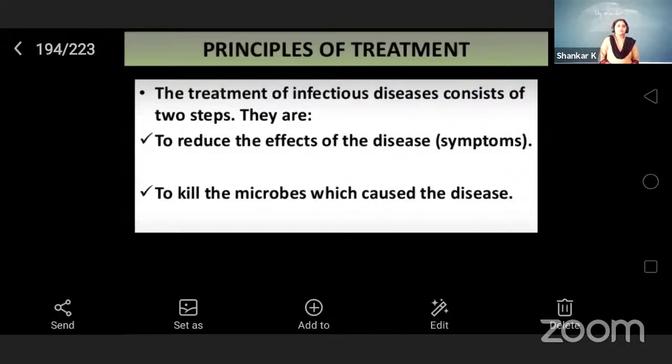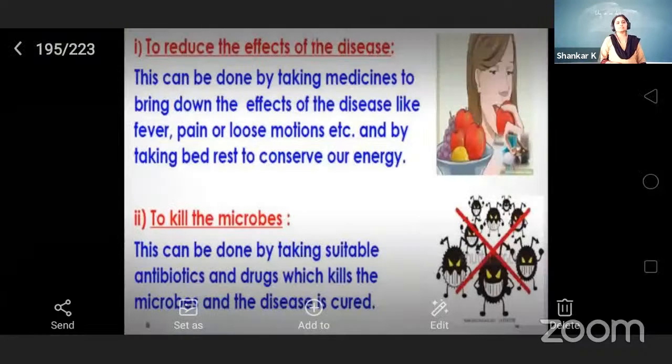Okay. And here, what we are discussing is principles of treatment. Once again, I'll just recap. The effects of the disease and the microbes which cause the disease, we have discussed that. To reduce the effects of the disease, by taking treatment, medicines, we can reduce it.